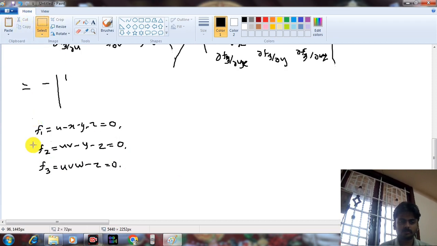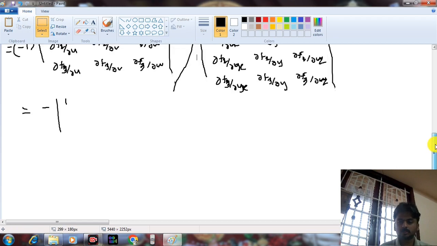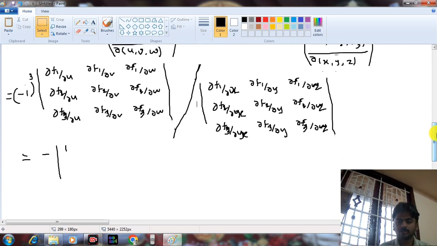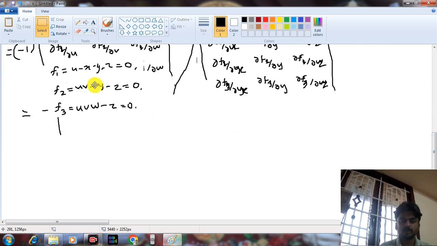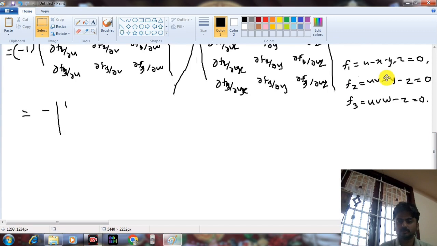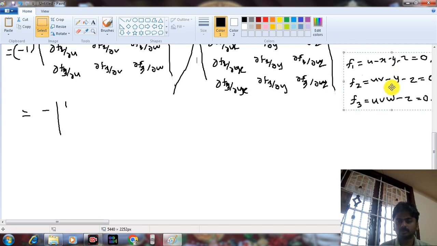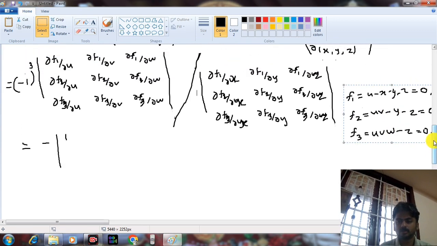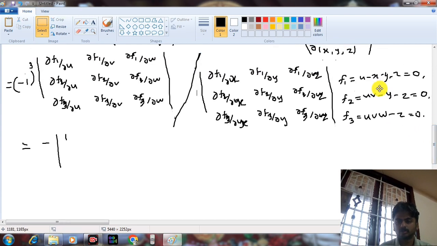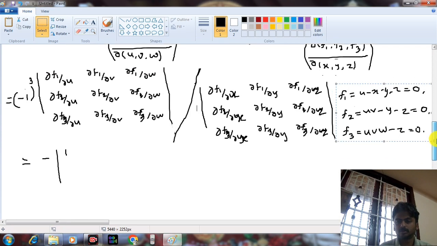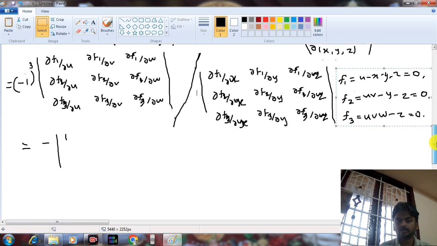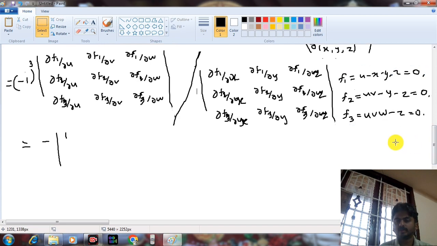Next is control plus X, and I shall paste it here so that we can refer to everything easily.